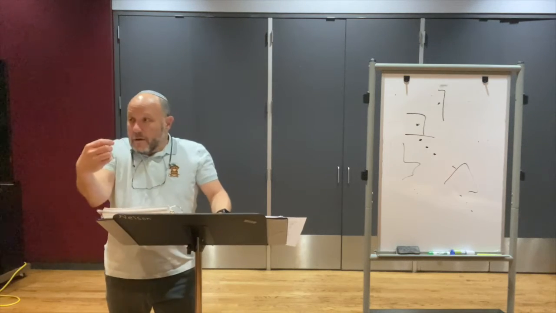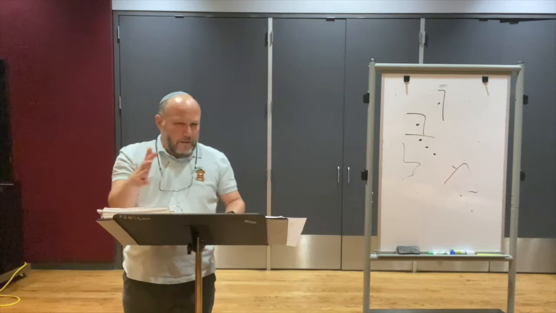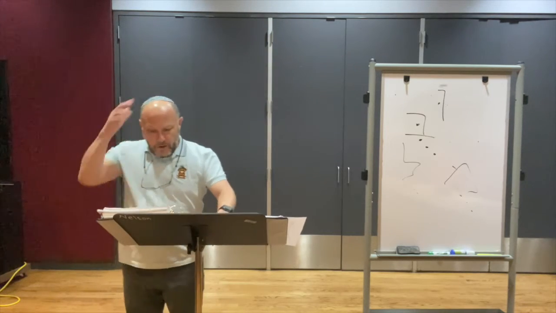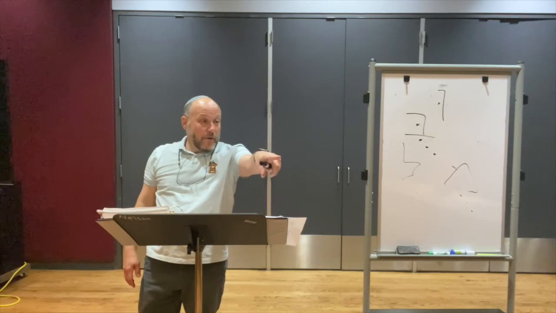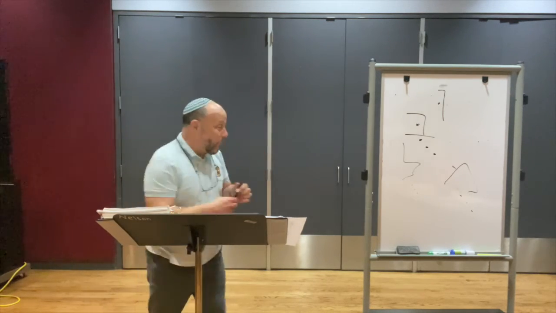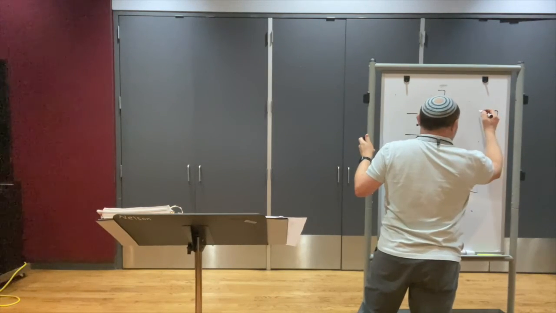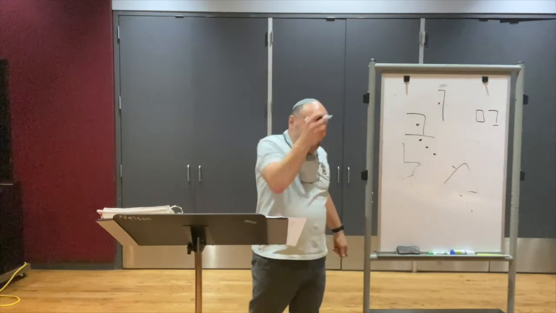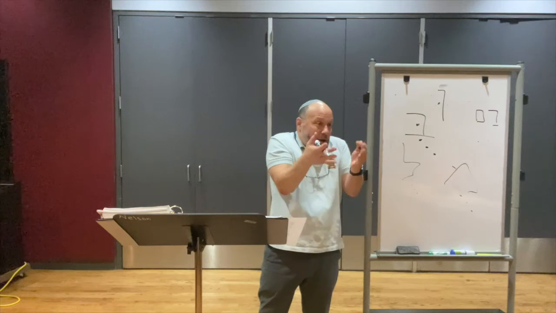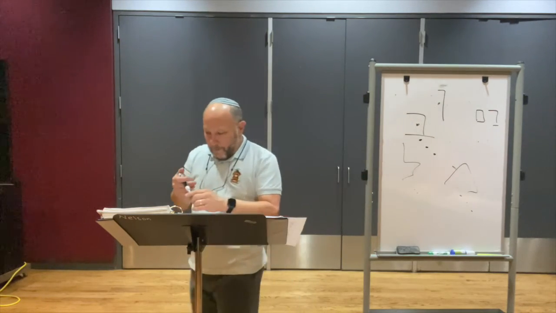Does that make sense? Yes. Were you saying like a final m? Right. So if you had the word rum, then that's how the mem operates at the end of the word. Okay. Thank you. Yeah, absolutely.